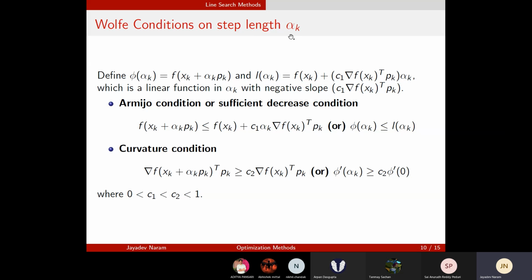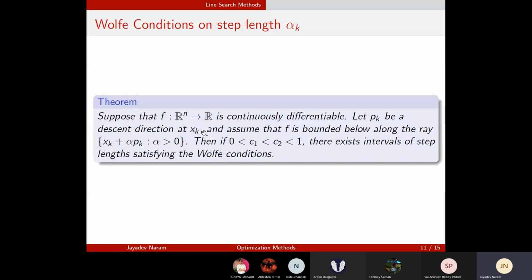These are conditions on alpha k. Now, given these conditions, we have this result which says: if f is continuously differentiable and pk is a descent direction at xk, and assume that f is bounded below along this ray.